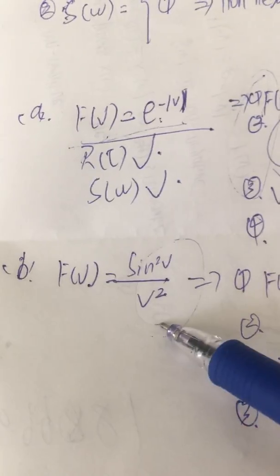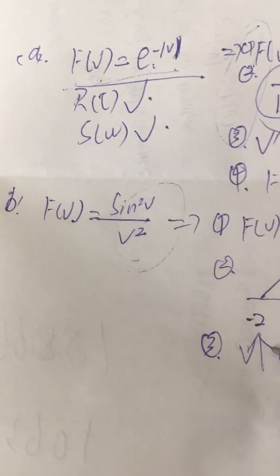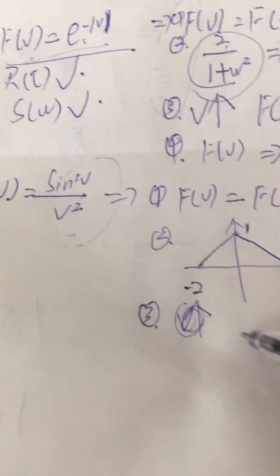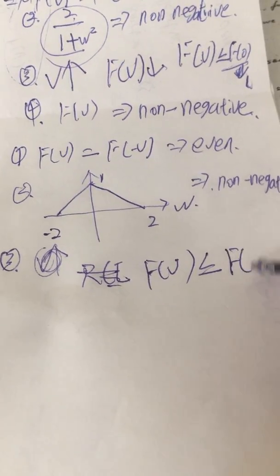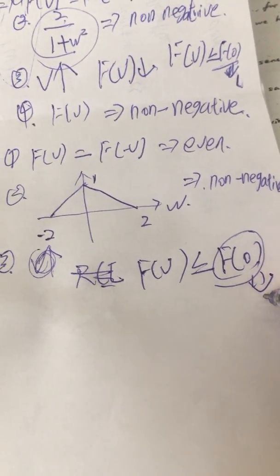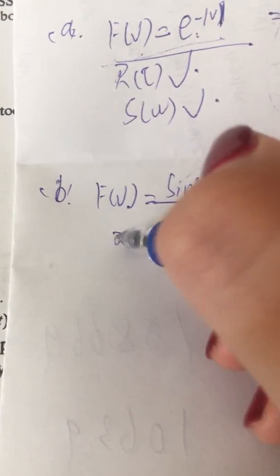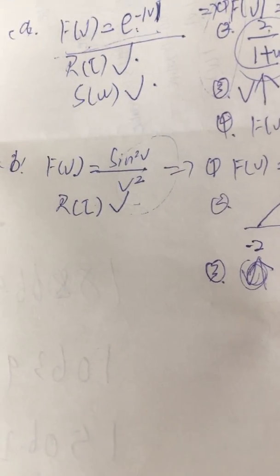For the third one, f(v) is smaller than f(0), and the result of f(0) is 1. So it can represent an autocorrelation function.